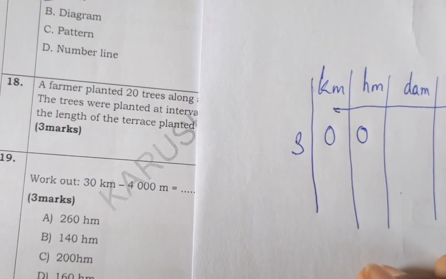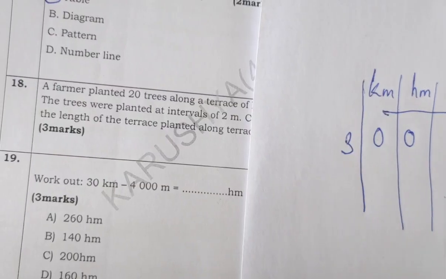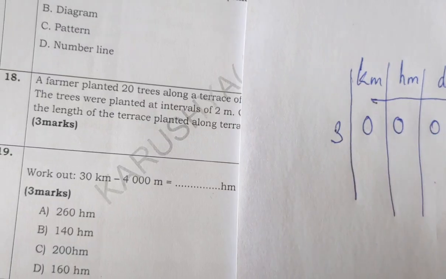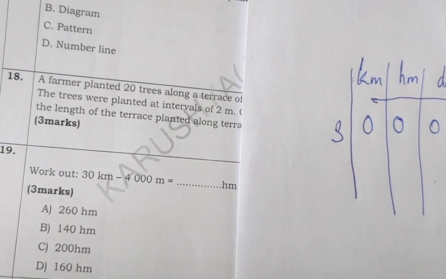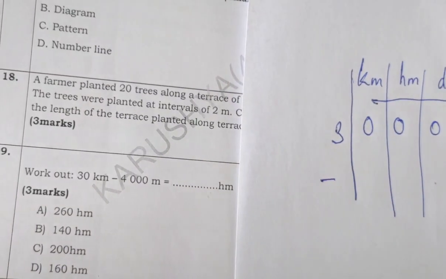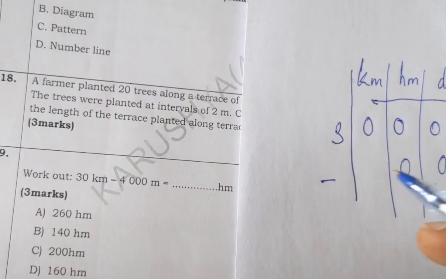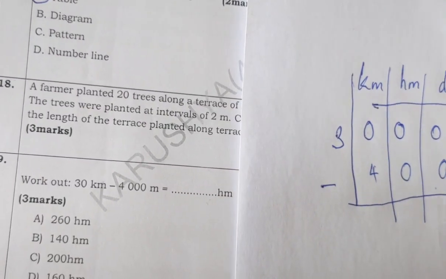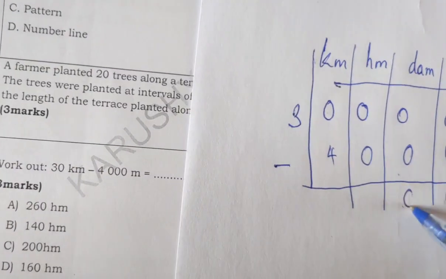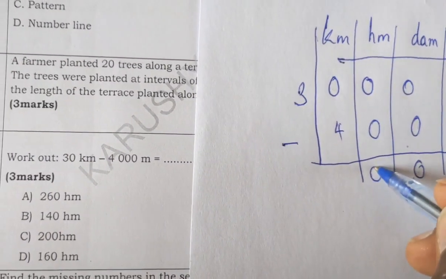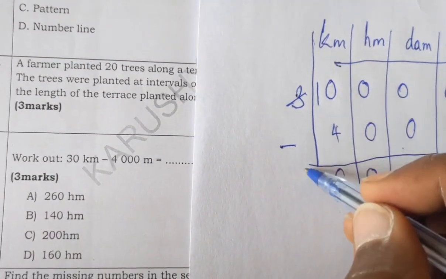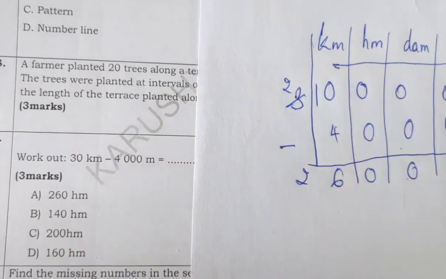And then all are going to be converted within the same measurement. Let me first of all convert into meters. Then we have 30,000 minus 4,000 meters, 0 here, 0, and then here 4. I subtract, I get 0 here, 0 minus 0 here also becomes 0, and then here I borrow to make 10, we become 6, and then here 2.